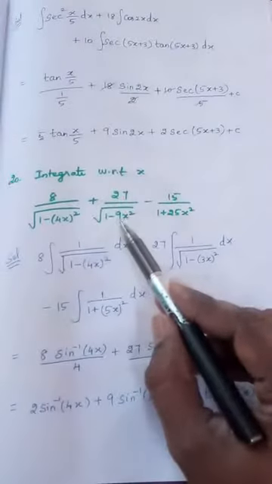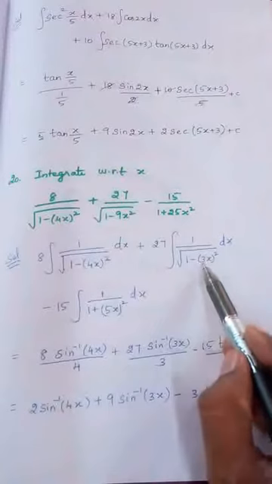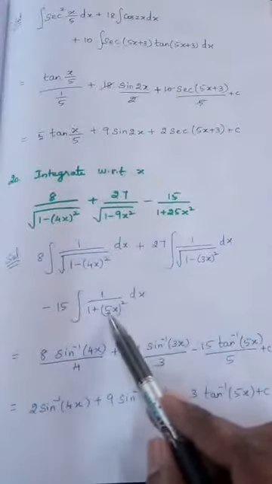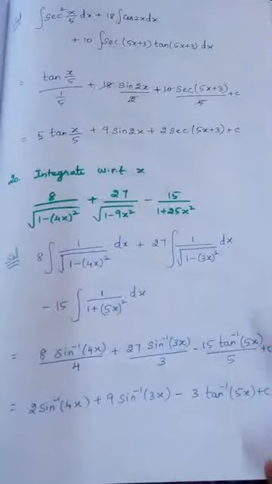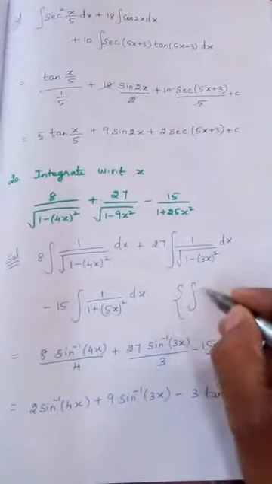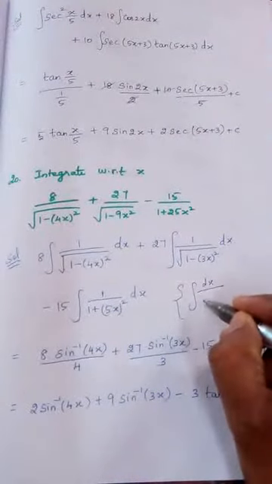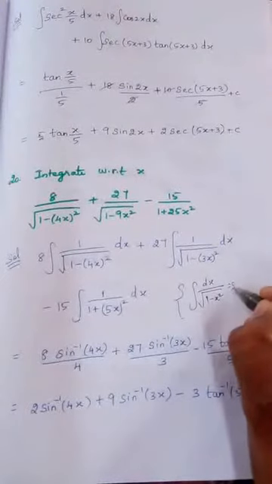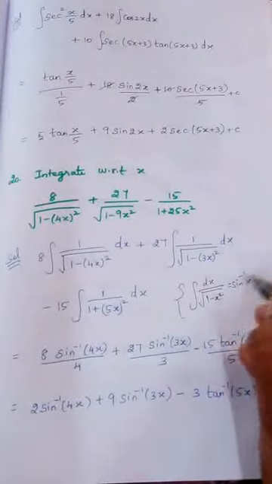But while writing, if you see, 9x square is written as 3x whole square, 25x square is written as 5x the whole square. Why are we writing like this? We know the integration formula, integral dx by root of 1 minus x square is equal to sin inverse x. This is the formula that we know.